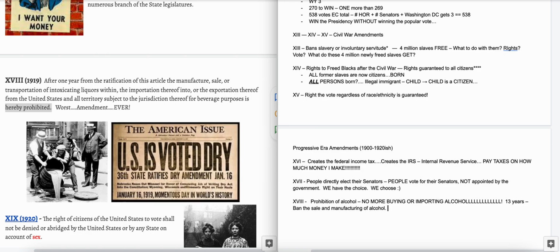Now, what's interesting is it didn't say that you couldn't drink it, but if you drank it, you had to buy it or sell it or whatever. So it basically said, all right, starting January 1st, 1920, no more alcohol can be bought or sold or made in the United States. And a lot of companies went bankrupt. It was pretty ridiculous.